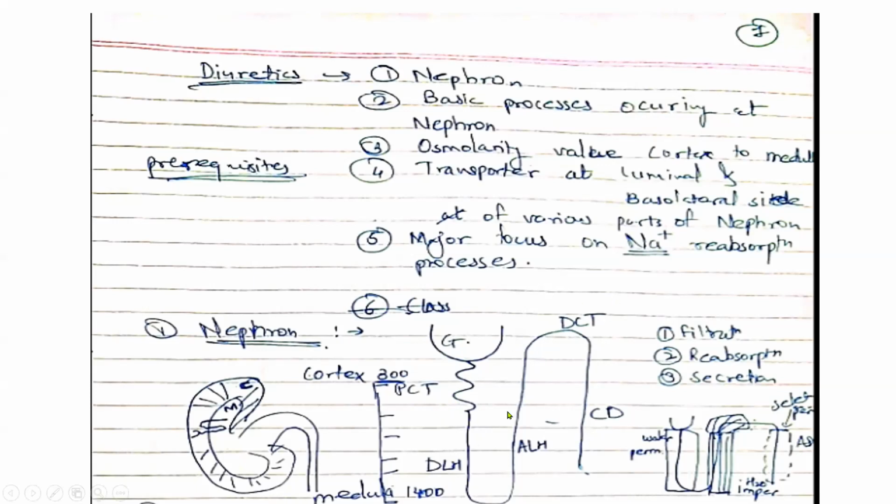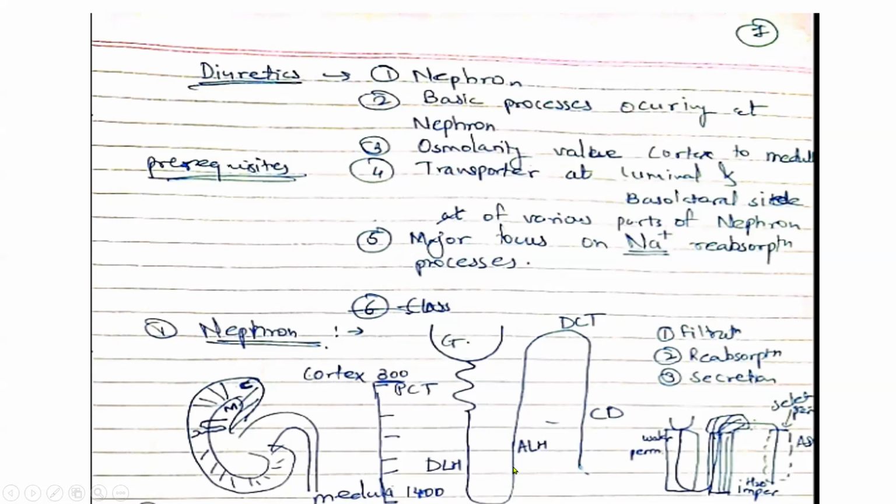Then we talk about the ascending limb of the loop of Henle. This is the loop of Henle, this is the descending limb, and this is the ascending limb. It is moving from medulla to cortex. Cortex is the outermost region of any organ, and medulla the middle region.